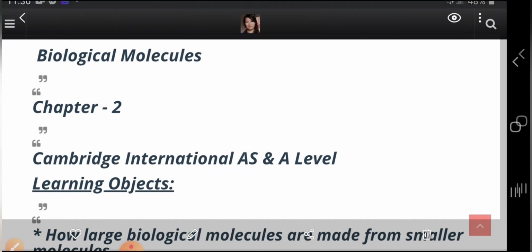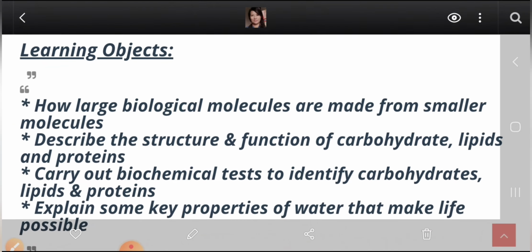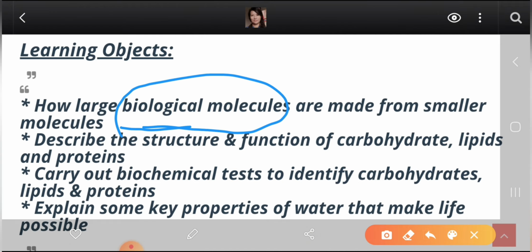Chapter 2, biological molecules. This is Cambridge International AS and A-level biology. So what are the learning objectives here? Number one, how large biological molecules are made from smaller molecules.